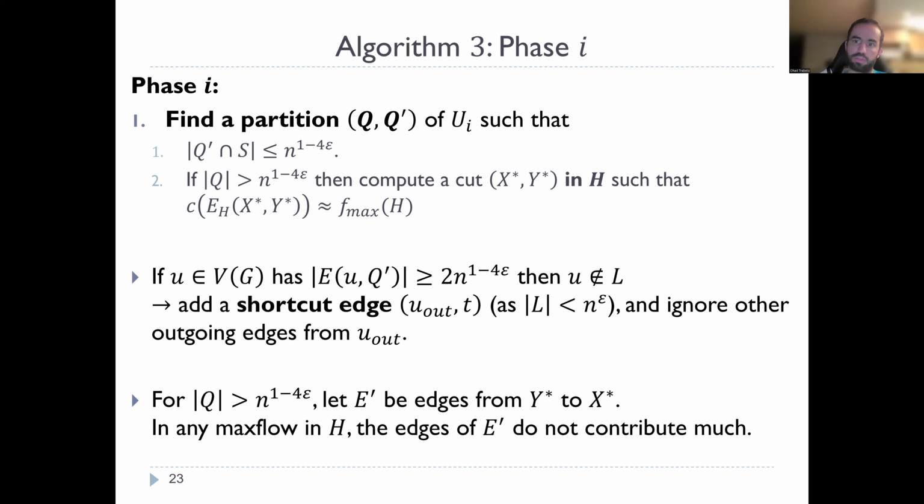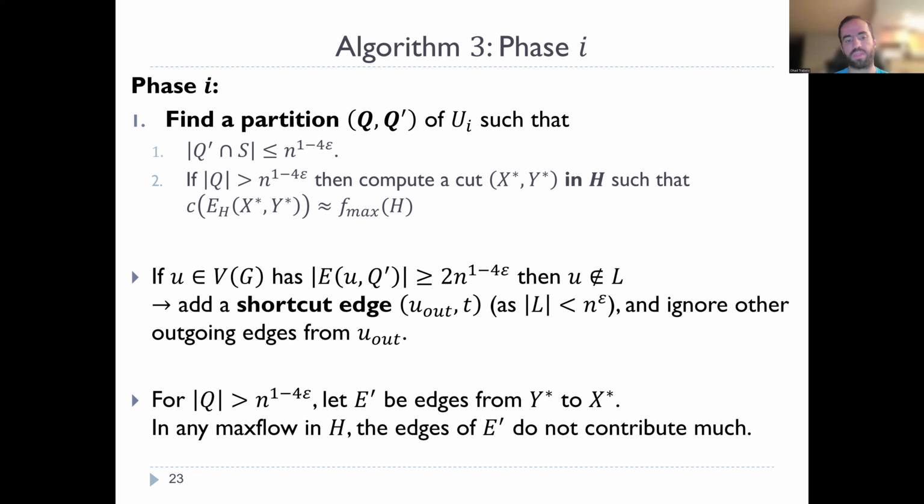Another thing that allows us to sparsify the graph is the following. For Q that is again bigger than n to the 1 minus 4 epsilon, if we think of E prime as the edges going back from Y star to X star, then in any maximum flow in the residual network H, those edges do not contribute much to that maximum flow.